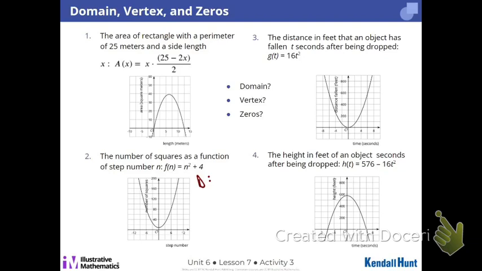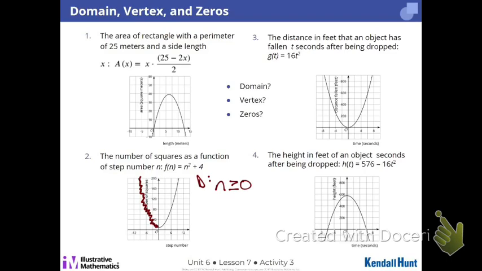So my step number needs to be greater than or equal to 0. So even though there's all this over here, in context, it doesn't make sense. The domain of the actual graph and this function, where I could throw a negative in there and get an answer, would be all real numbers. But in context, the lowest step in a sequence is step 0.